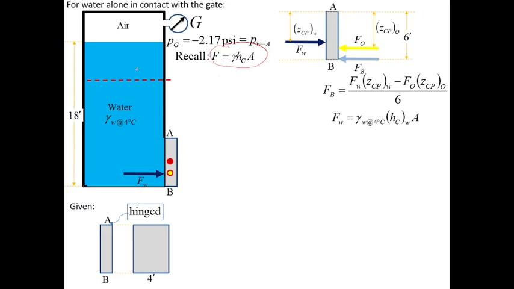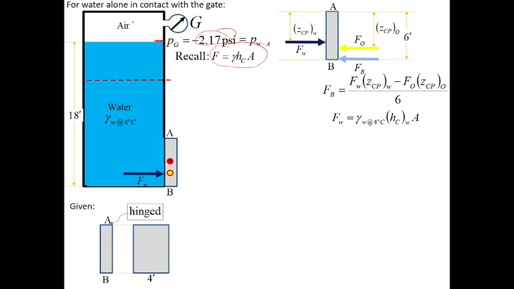In this case, there's no actual free liquid surface. Instead, it is imaginary, because this is the actual free liquid surface here, right? But we have to locate the zero gauge pressure. This is negative 2.17 psi, the gauge pressure at the interface of water to air.